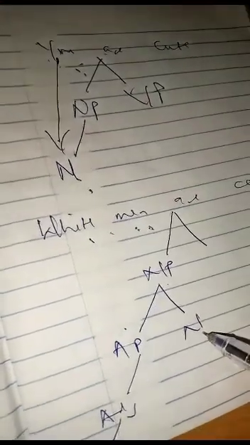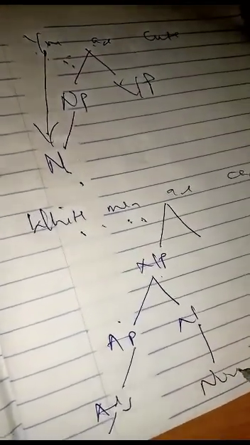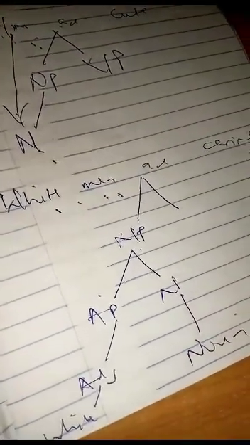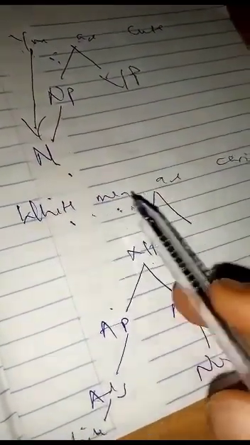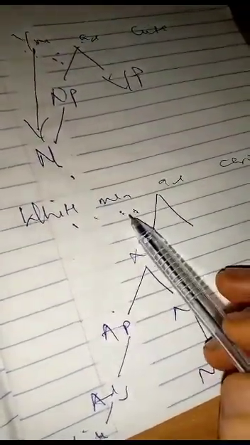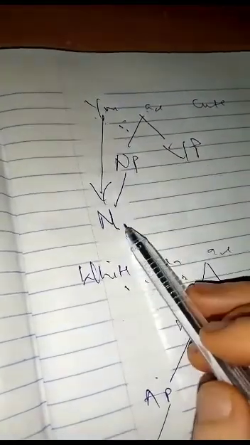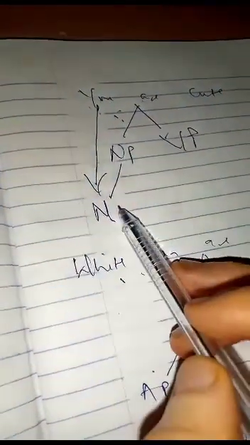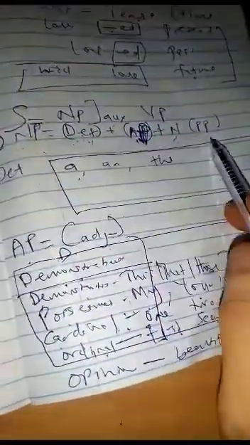So this one is having an ADJ, which is white, under the AP of color. Then man, which is a noun, you just write your noun. So this is a case where you have an AP describing the man, and this is the case where you just have a nominal or a pronoun. It's possible. So that is what we are saying here. That's basically it for the NP.